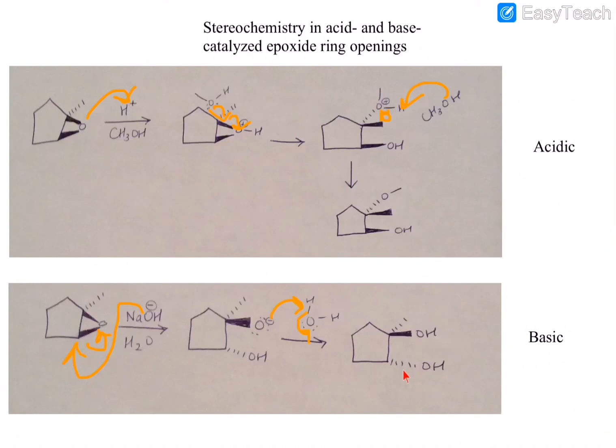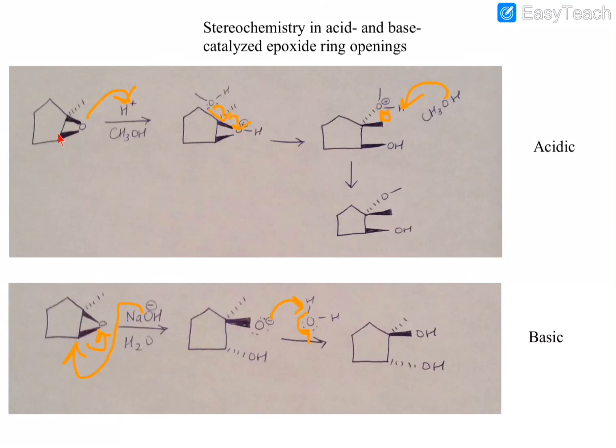This also shows anti-addition and has one alcohol in the back because of the backside attack from the hydroxide, and the remaining alcohol in the front, just like in the original, on the carbon that was not attacked. It's important to notice that the stereochemistry was inverted because of the original molecule.